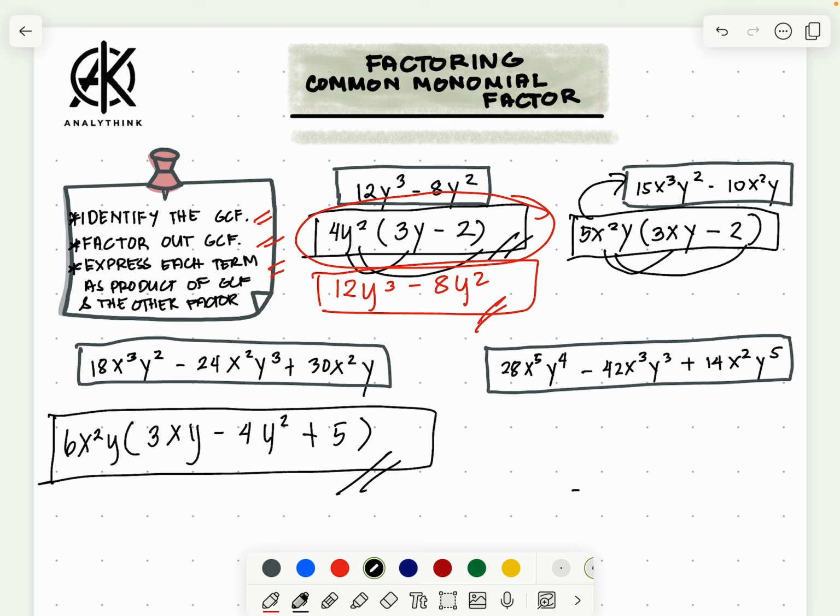And here you have the last example. The GCF would be 7x squared y cubed. Here you have 28 divided by 7, you have 4x, 5 minus 2, so 3y, and then minus 7x plus 2y squared.